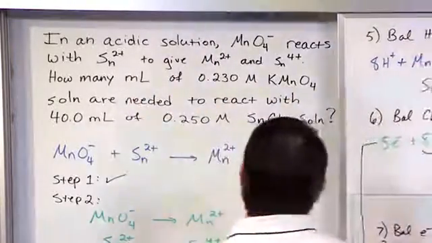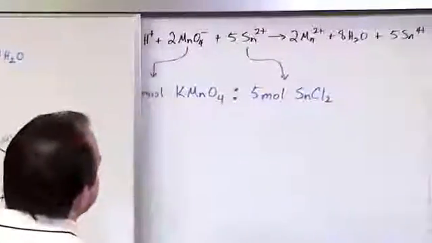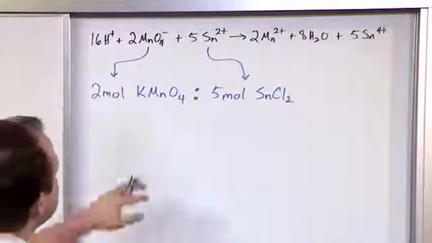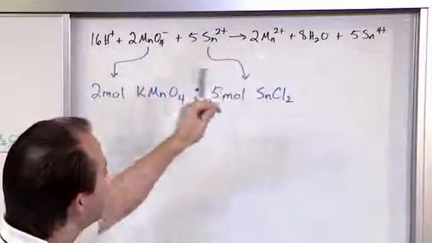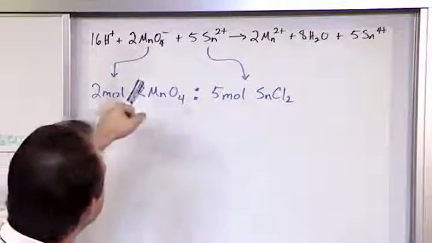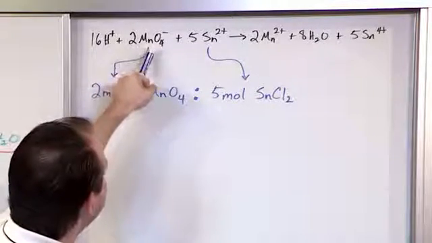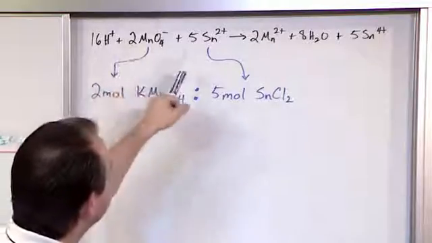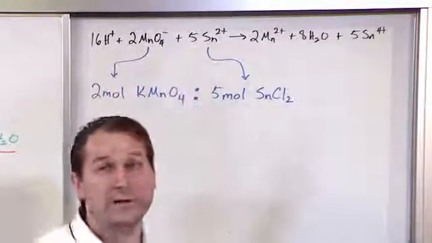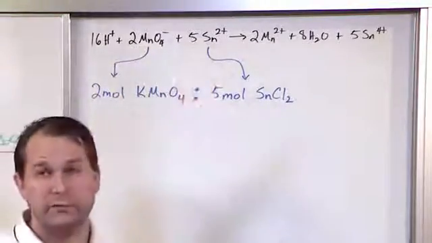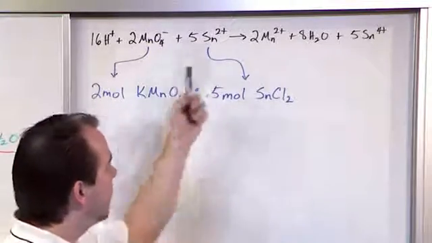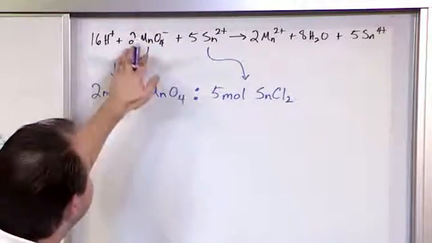And so the reaction that we have at the end of the day, this net ionic equation that we've balanced here, is telling us that 2 moles of permanganate ion react with 5 moles of tin ions, tin with ion charge of plus 2, right? Tin 2 ions is what we call it. So the ratio is 2 to 5.